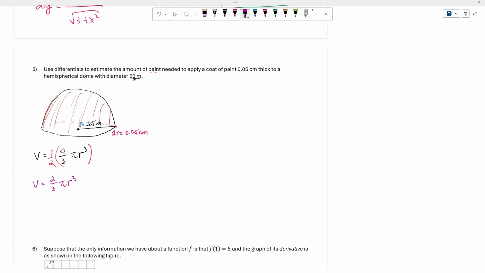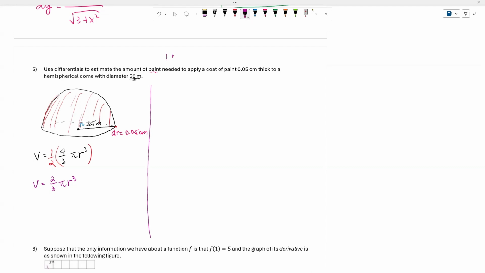The next thing I would like to think about is the units. Right now I have one unit in meters and another in centimeters, so I need to work with the same unit.